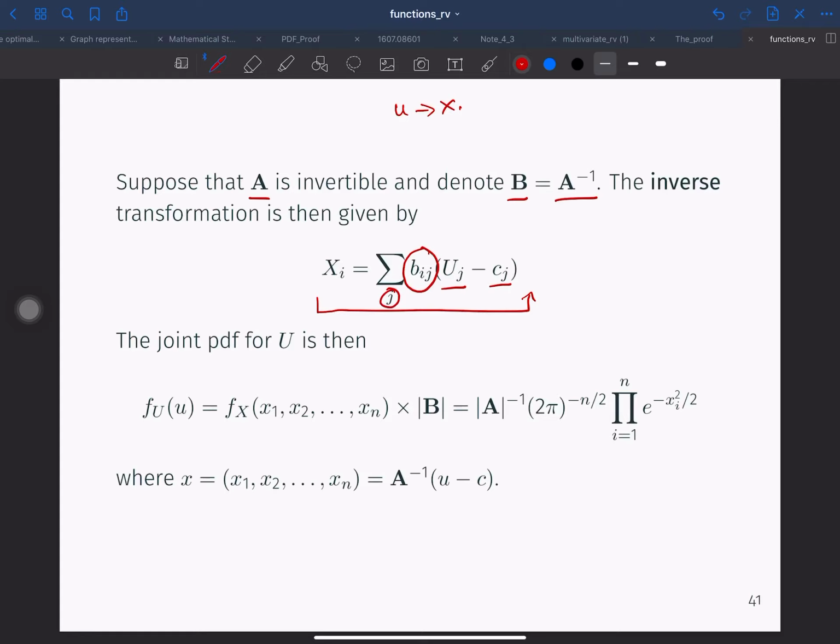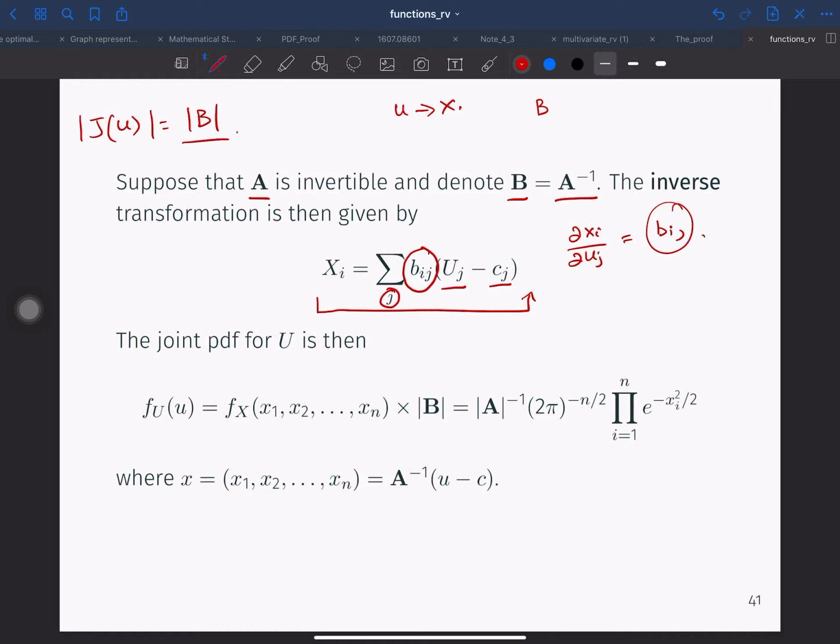As we see here, the inverse transformation is given by B. Therefore, I could easily say what is the partial of xi with respect to uj. Well, that is simply Bij. So the determinant of my Jacobian, the determinant of Ju, is simply the determinant of my matrix B.